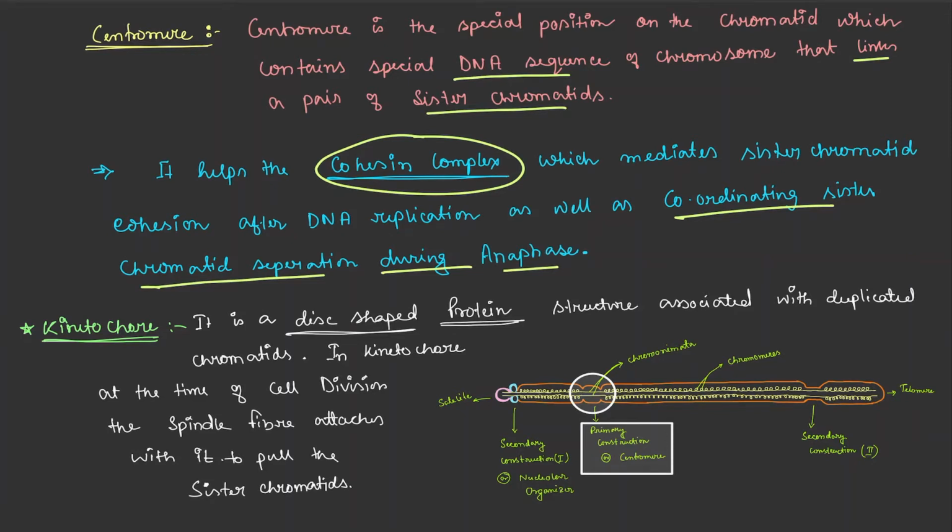Now, what is the kinetochore? The kinetochore is a disc-shaped protein structure associated with the duplicated chromatids. At the time of cell division, the spindle fibers attach to it and pull the sister chromatids in opposite directions towards the poles. The centromere is also called the primary constriction of the chromatid.